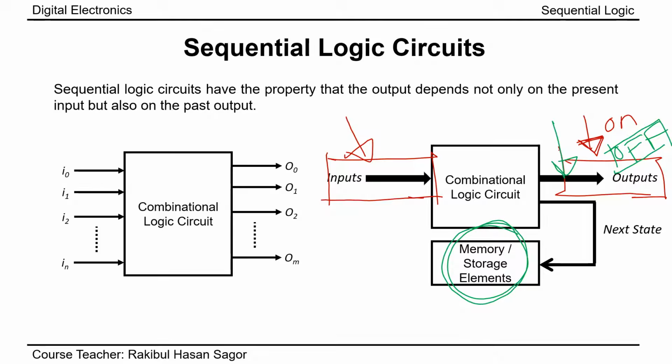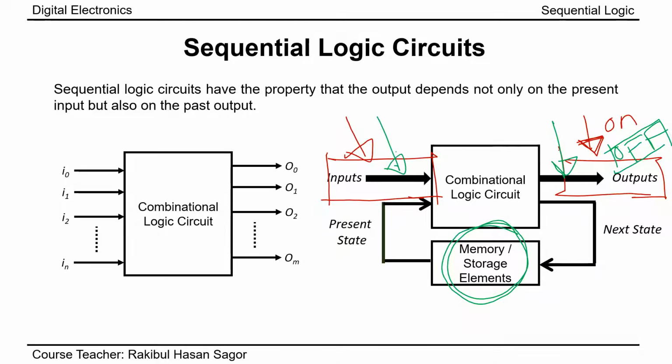Now this memory unit will act as an input to decide the next output, even though I am providing the pulse from the same input switch.